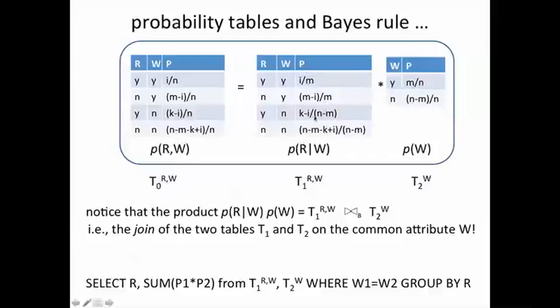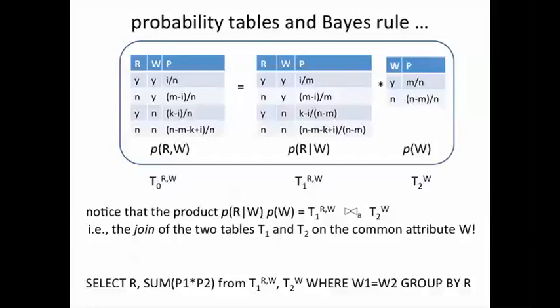Similarly, for the other case where R equals yes, we'd also multiply k minus i by n minus m, by the corresponding value in this table where W has the same value n, and then add this term and this term up, and you can easily verify that will give me k over n, which is the probability of rain being yes.